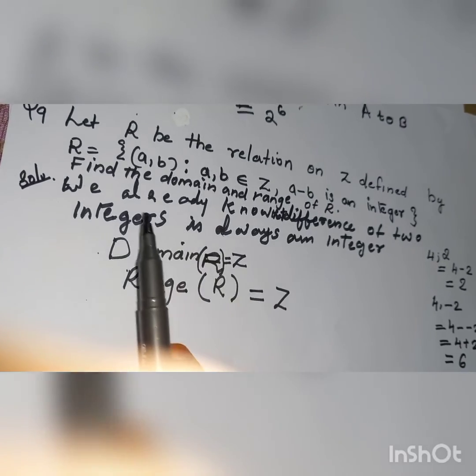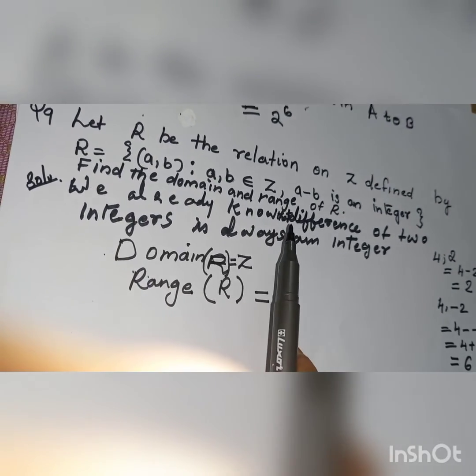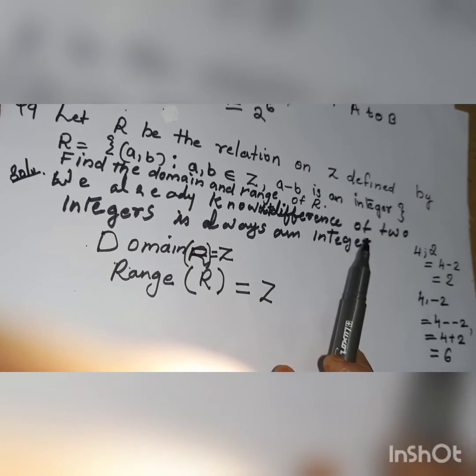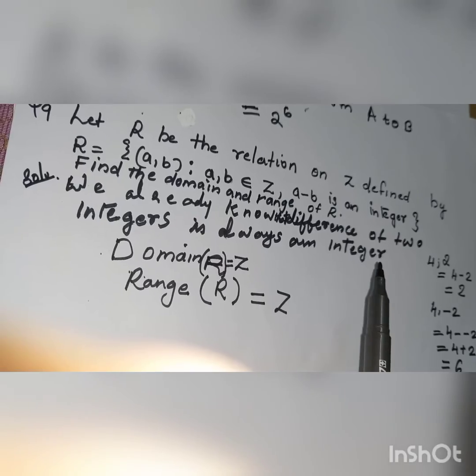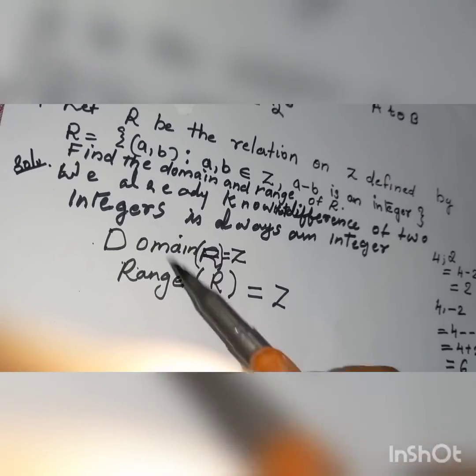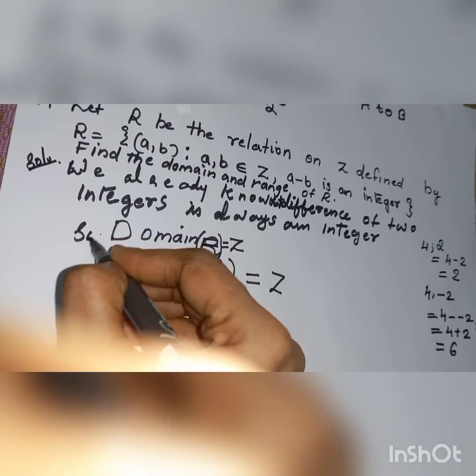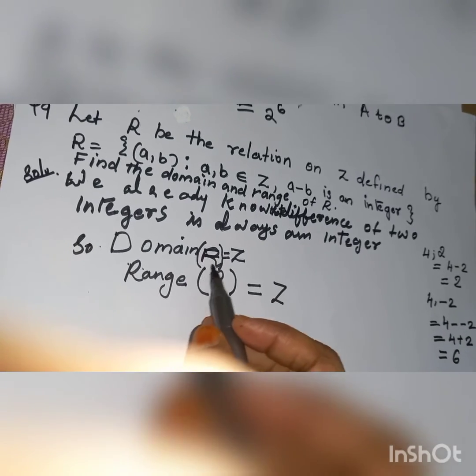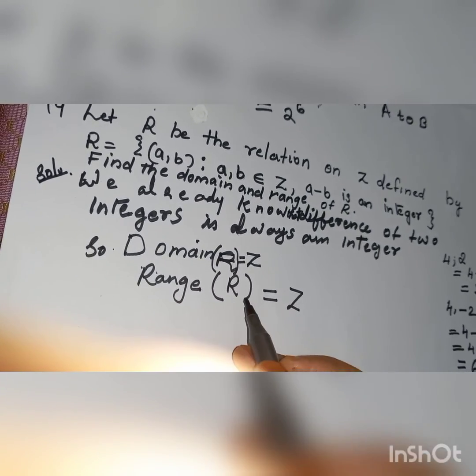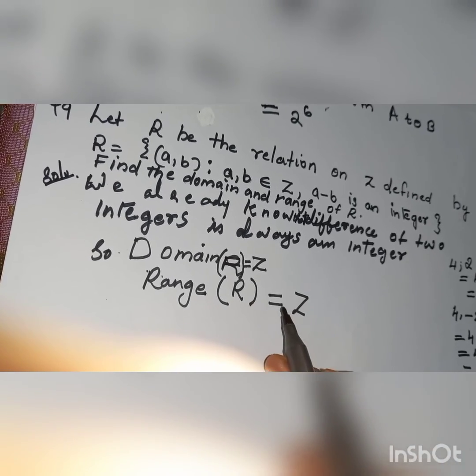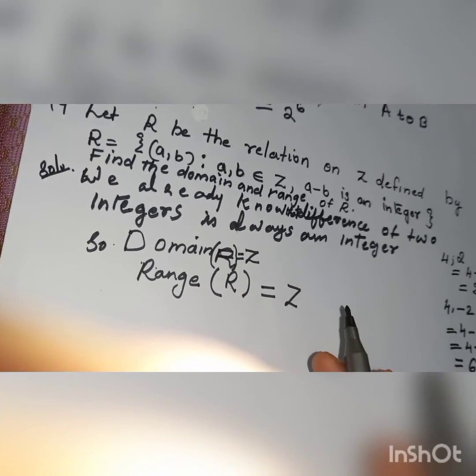So that is why we already know that the difference of two integers is always an integer. So the domain of relation R is equal to Z and the range of relation R is equal to Z. Is it clear for you?